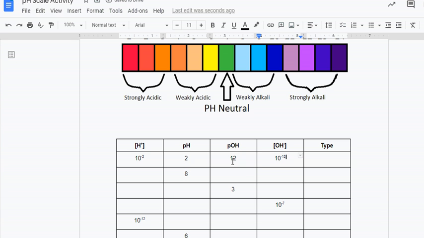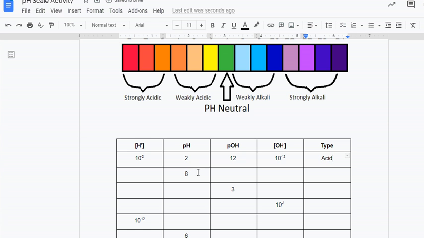So notice how this 12 goes here, but you'll make it a negative, because remember the negative logarithm is what we take to get pOH. So to get back to hydroxide ion concentration, you do 10 to the minus 12. Now what type of solution do we have? Well, pH 2, that's in our acidic range there. So I'm going to label this as an acid, or you can say acidic, either one.